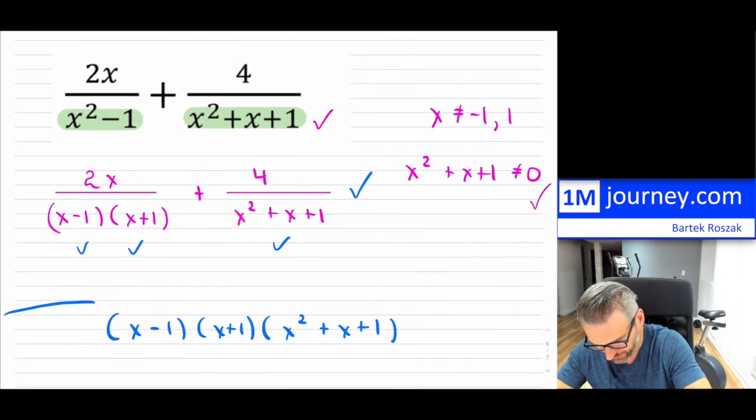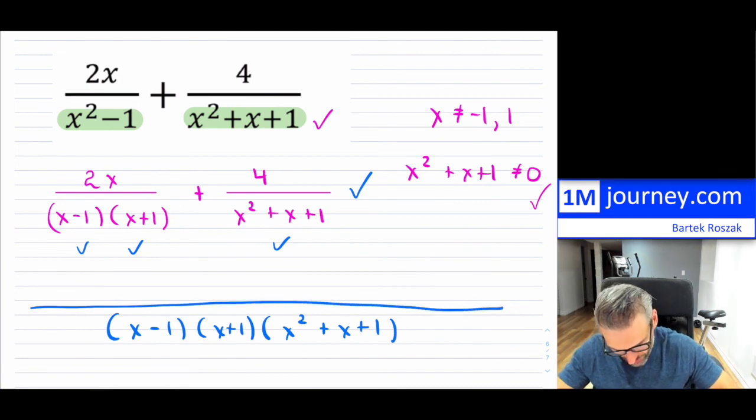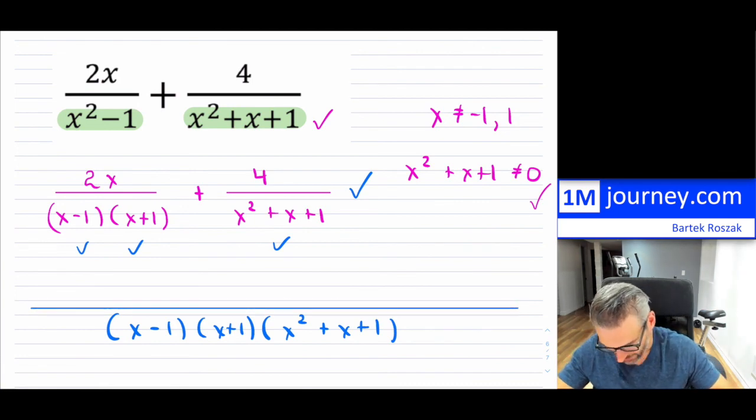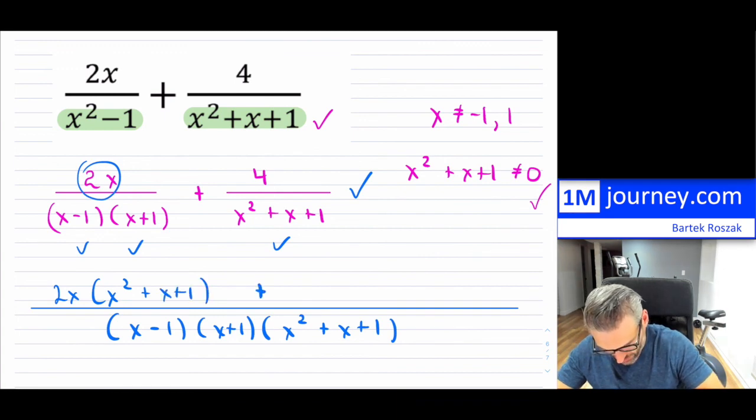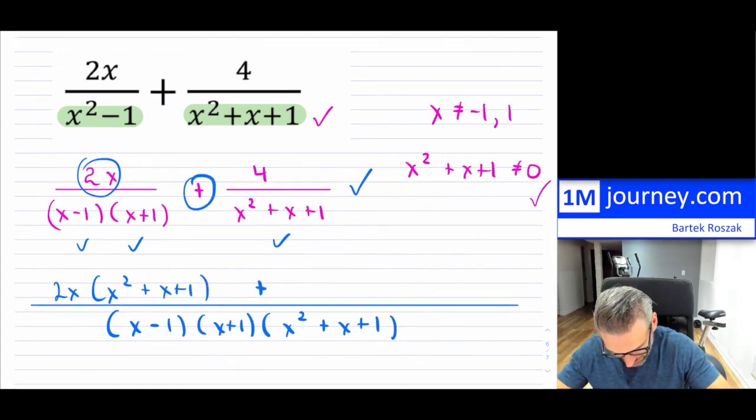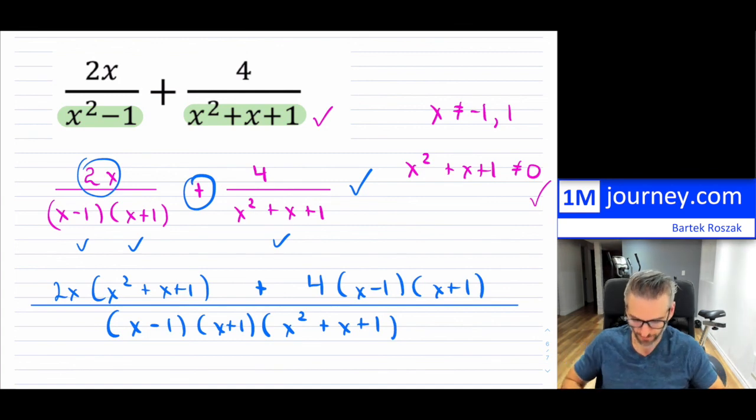In the numerator, my 2x I have to multiply by x squared plus x plus 1. Here's my plus, and then 4 times x minus 1 and x plus 1. So that's what we would have to do.